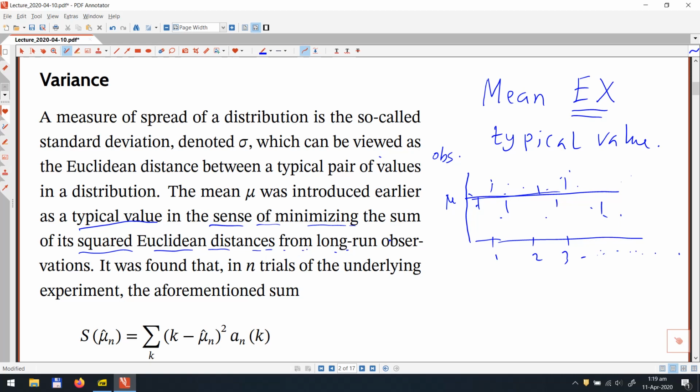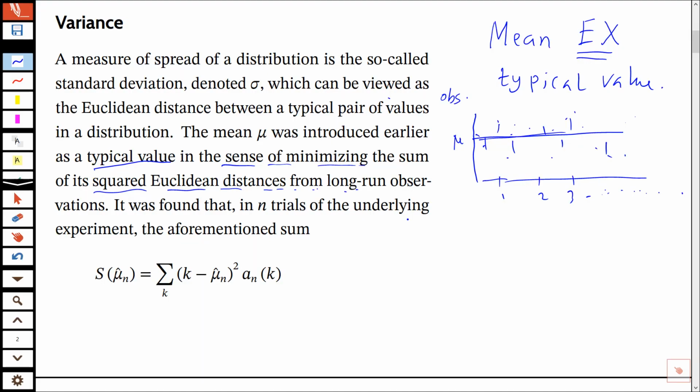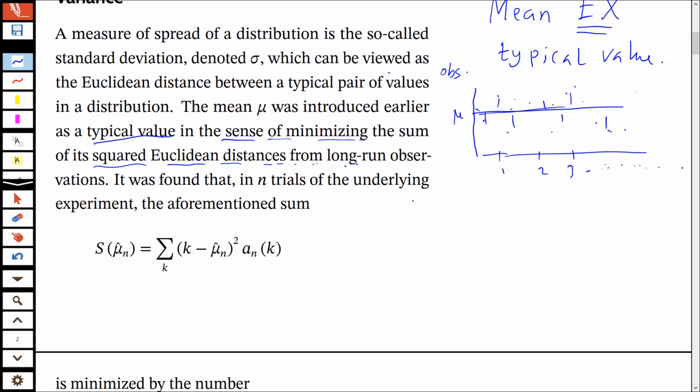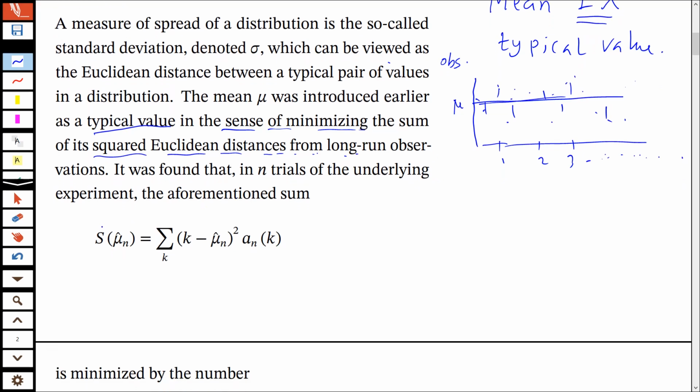So we found there that this sum of squared distances of all the possible values of some random variable, and remember this was the absolute frequency, because in this long sequence of trials, values will be observed more than once, so we have to record the frequency of observation of value k.